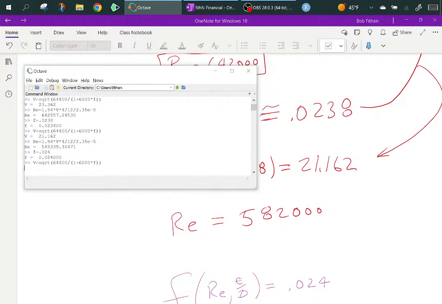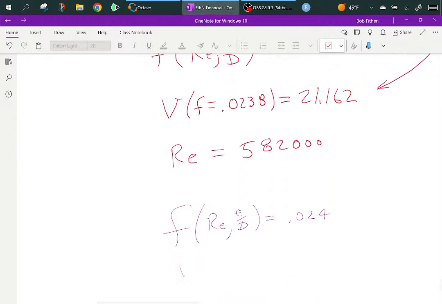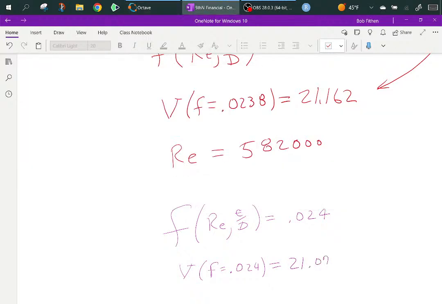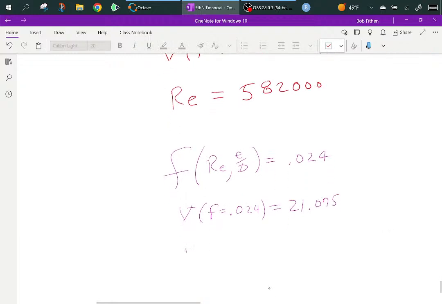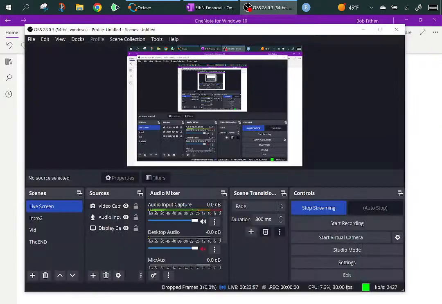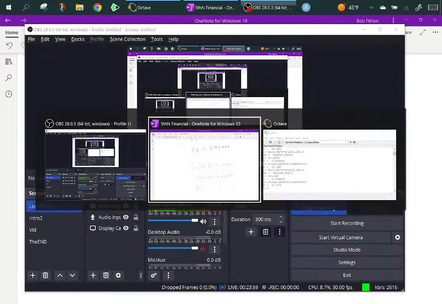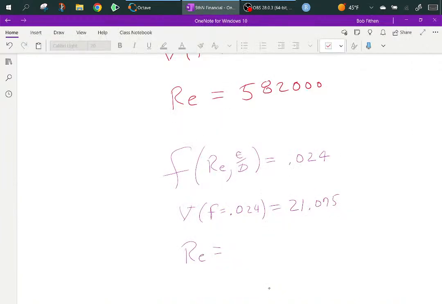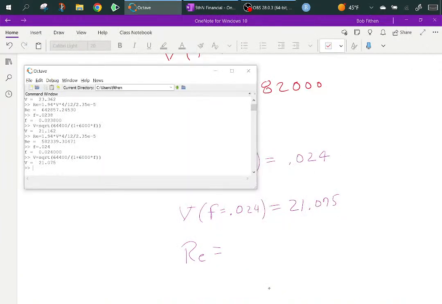Velocity is 21. So velocity at the friction factor equal 0.024 is going to equal 21.075. And the Reynolds number is going to be, okay, oh shoot, I hit that too many times. No, this, then that. Okay.